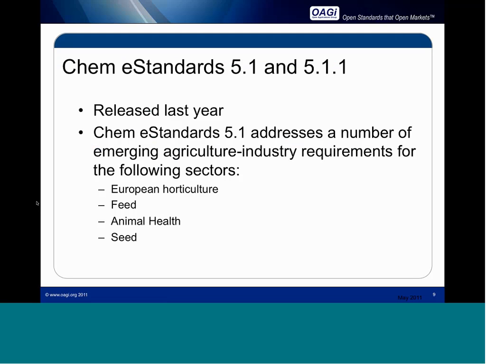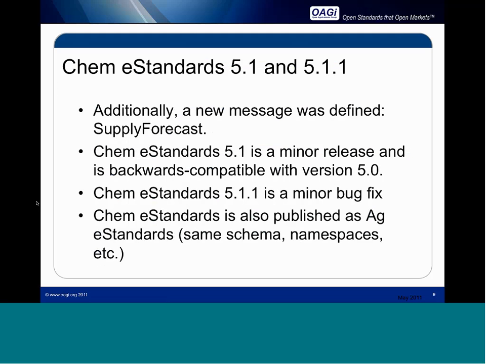In the past year, we've released CHEMI Standards 5.1 and 5.1.1. 5.1 addresses a number of emerging agriculture industry requirements for European horticulture, feed, animal health, and seed. Additionally, the team defined a supply forecast message, which was a new message.